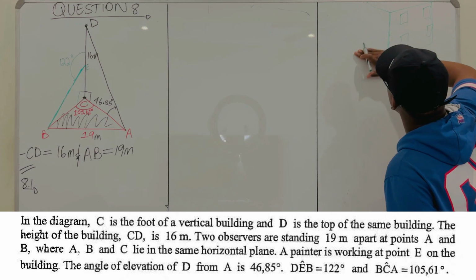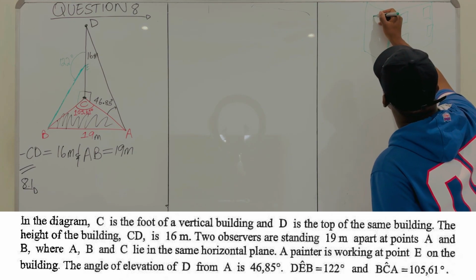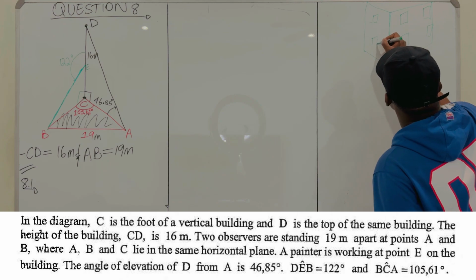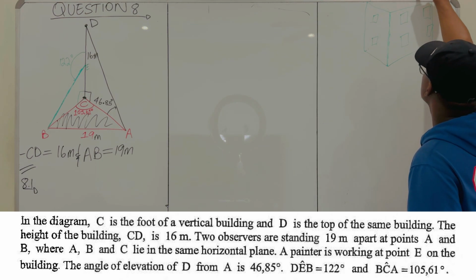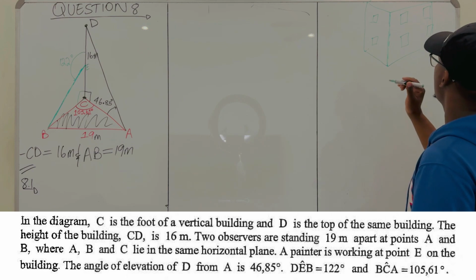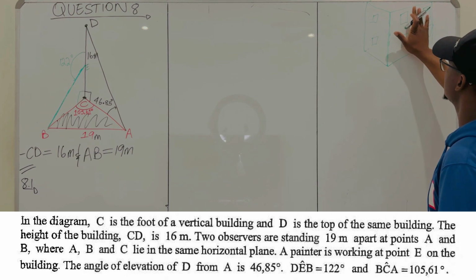Let's make a window here and a window there. Of course this building extends to the back, right? So this is the view that we have here, the side and the side.